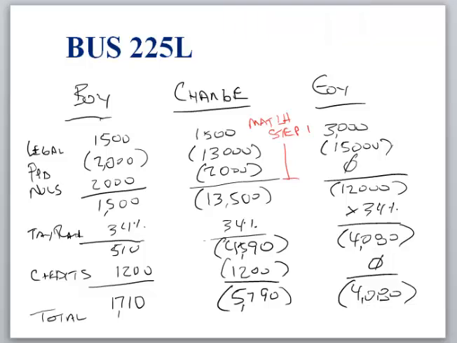Okay? So if I was going to book an entry from this, I would say that my deferred taxes need to be credited by 5790, and my deferred expense should be debited by 5790.